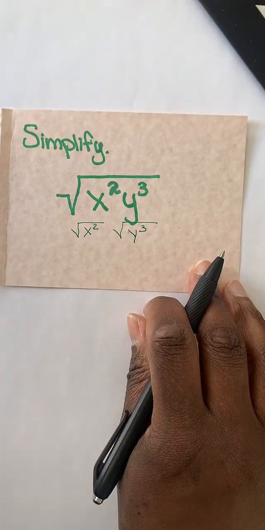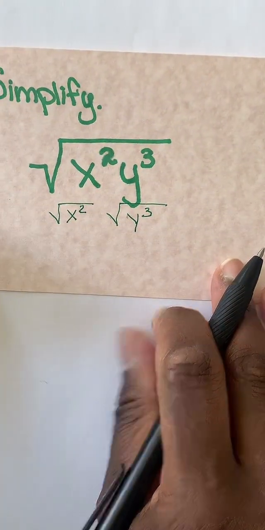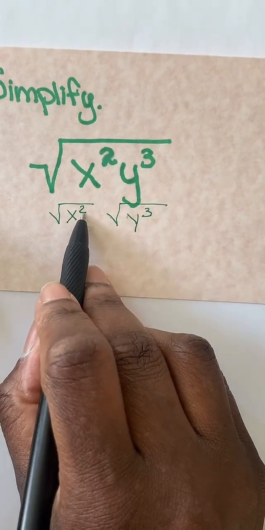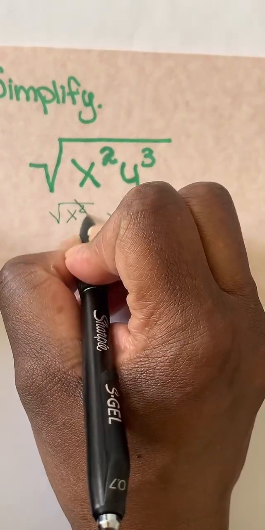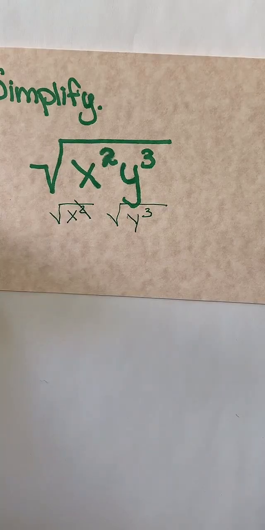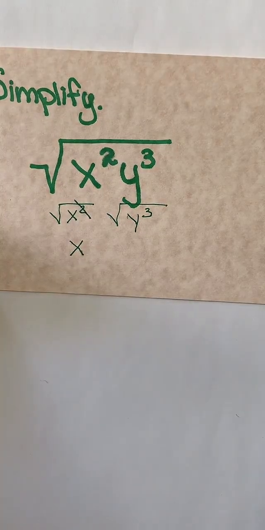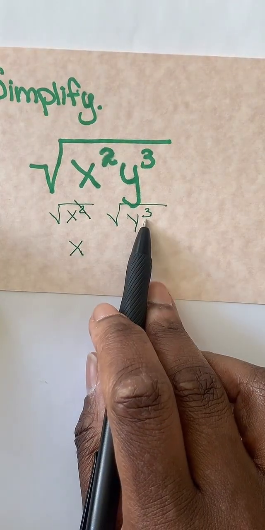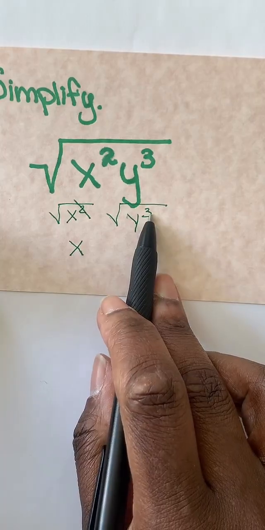So for the x's, my x squared and my square root, they're inverses of each other. So they cancel each other out, leaving me with x. But it's hard to do that for the y's because I have an odd exponent.